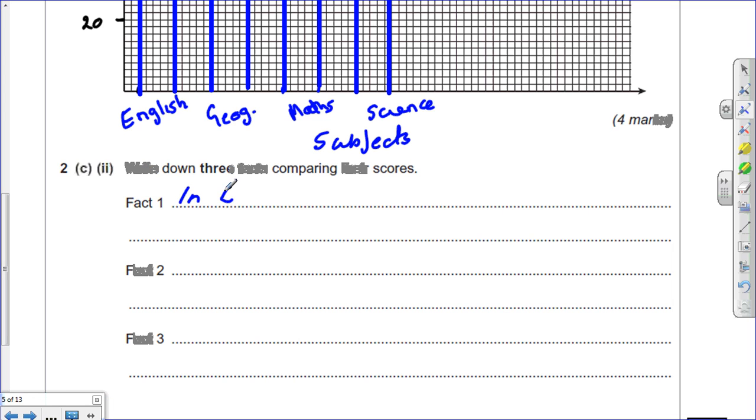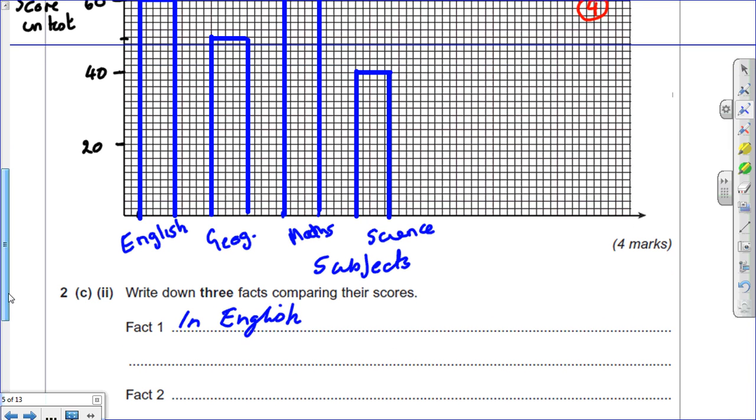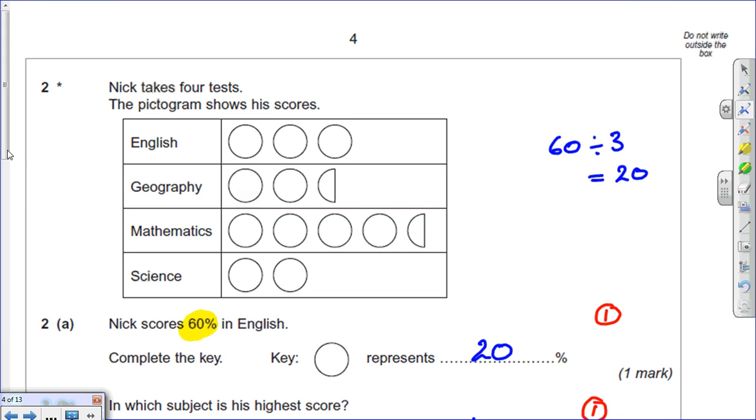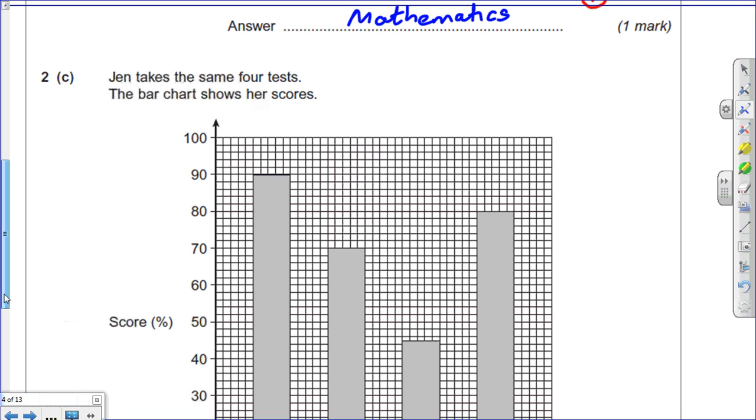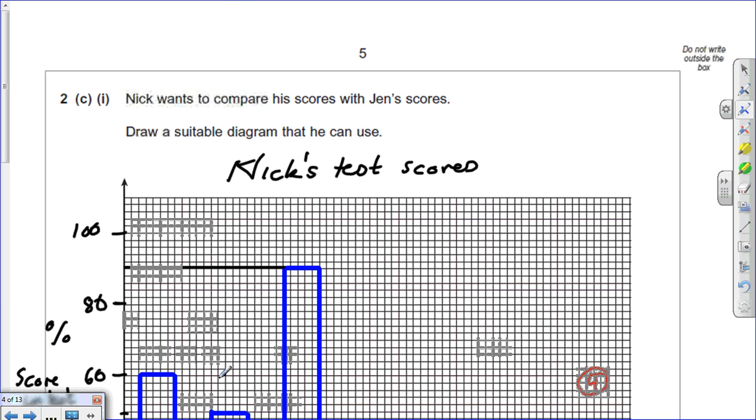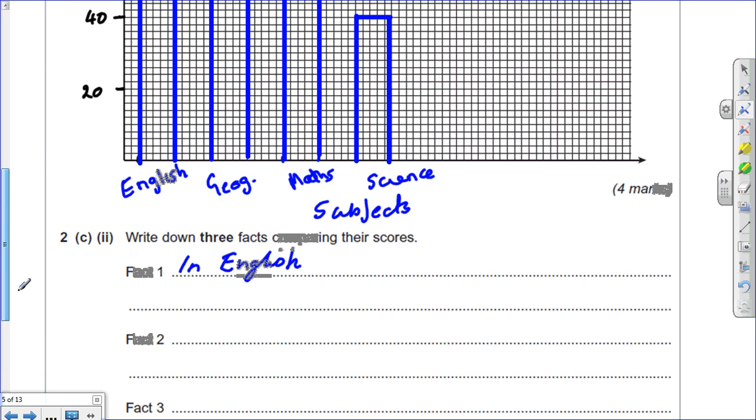And what did Jen score? And Jen scored 90. So the first thing we could compare them in is how well they did in English. In English, Nick got less, I want to put in brackets, 60%, than Jen.